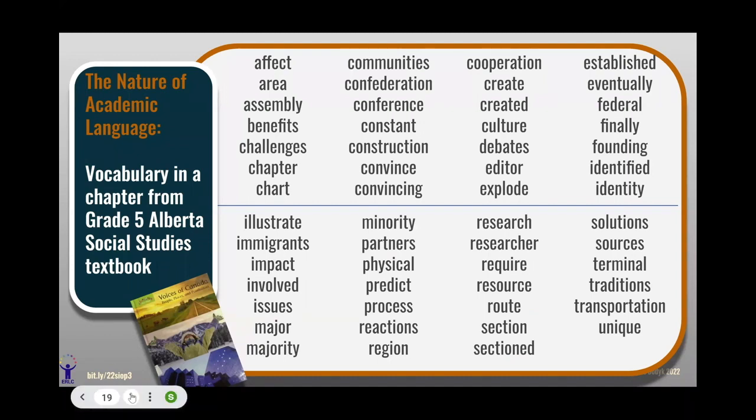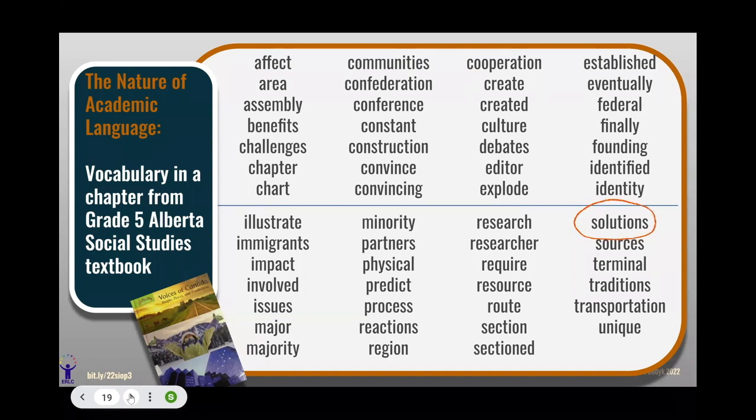Just as an example of what Tier 2 words look like, this is from a grade 5 social studies textbook. These are all the Tier 2 words from there, and as an example of how Tier 2 words have multiple meanings, think about solution. You have a solution in math, you have a solution to a problem, but you also have a solution in science when you take sugar and water.